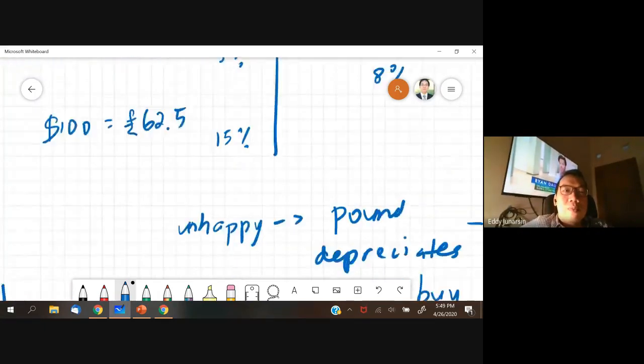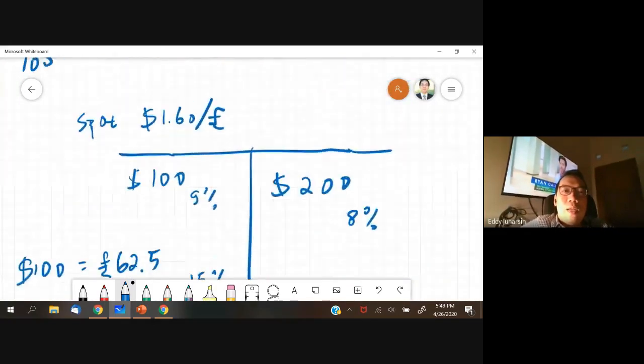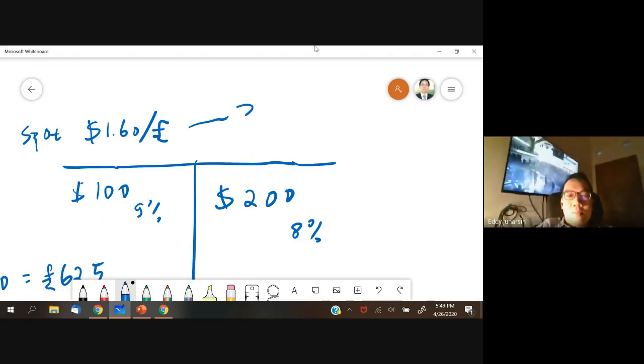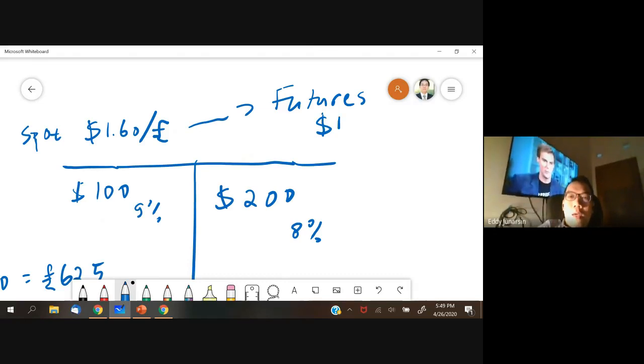Okay, so let's assume that we go to the pound futures market, right? Futures market, and we see that the 1 year futures has this quote, 152.